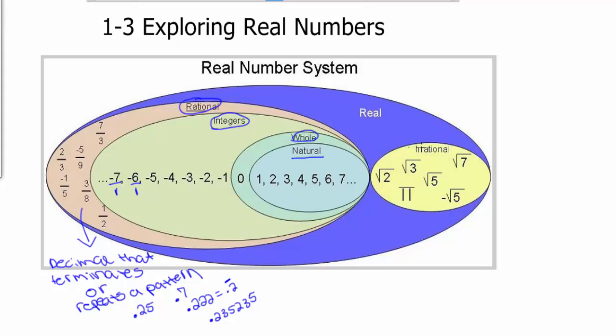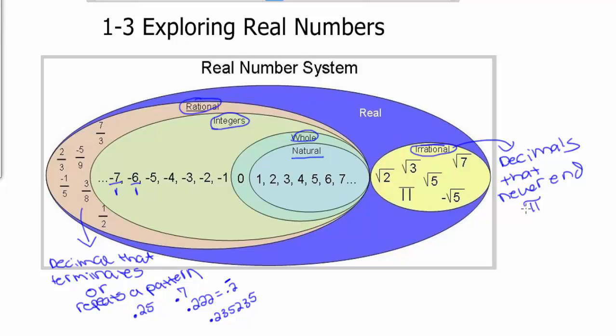And then when we get over here to irrational, those are decimals that never end. So the most common one of these is pi. 3.14, and so on.